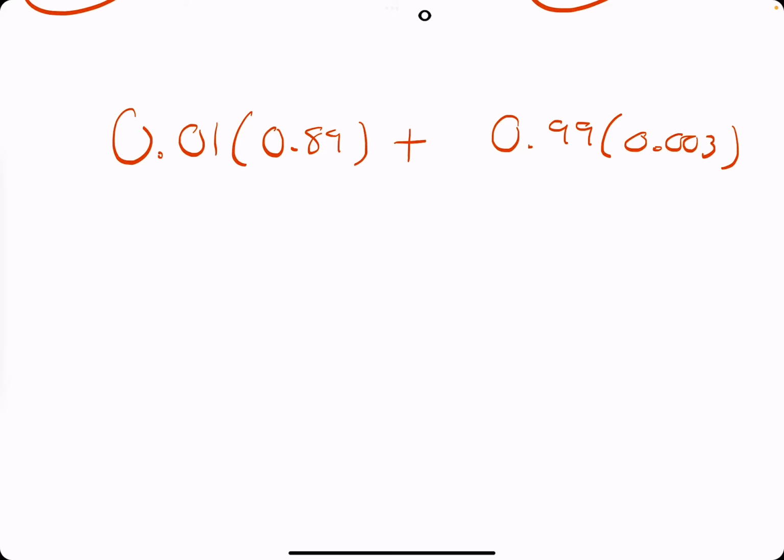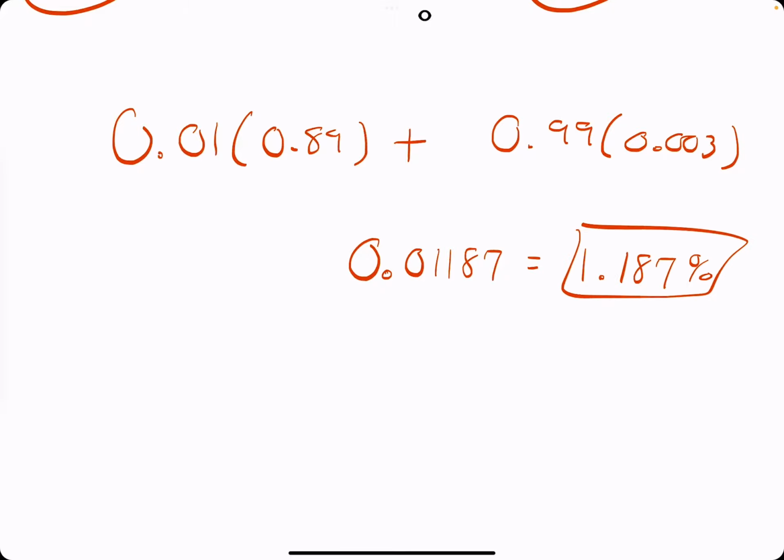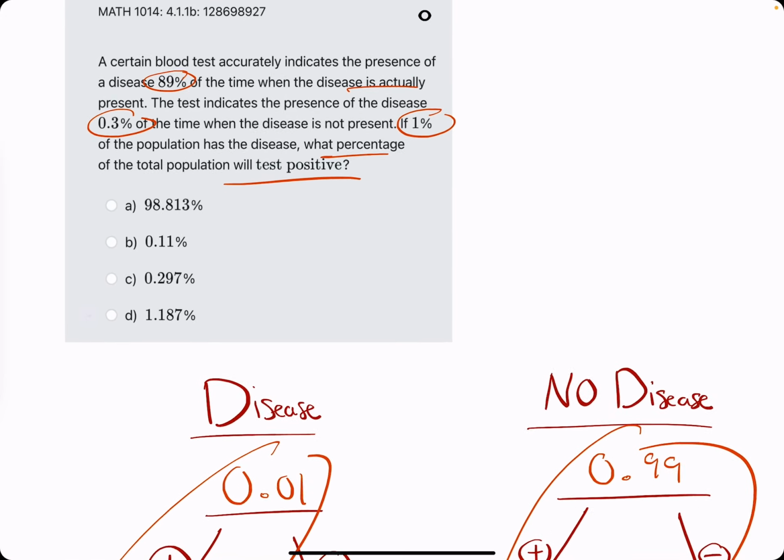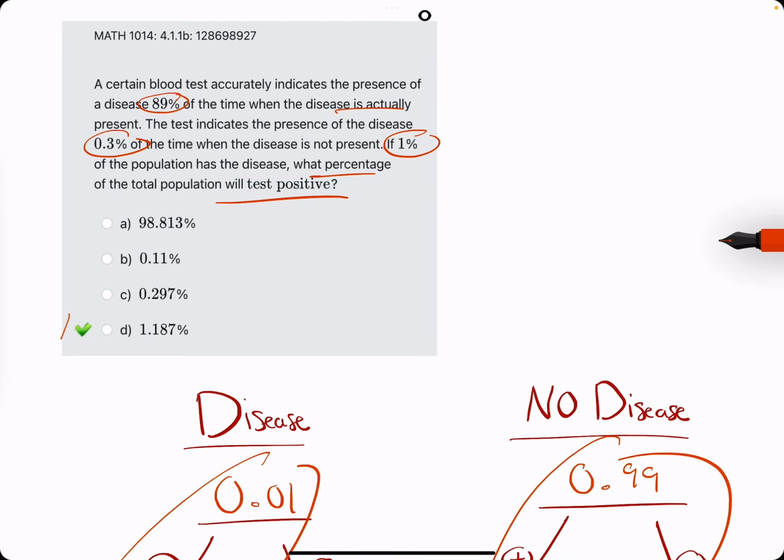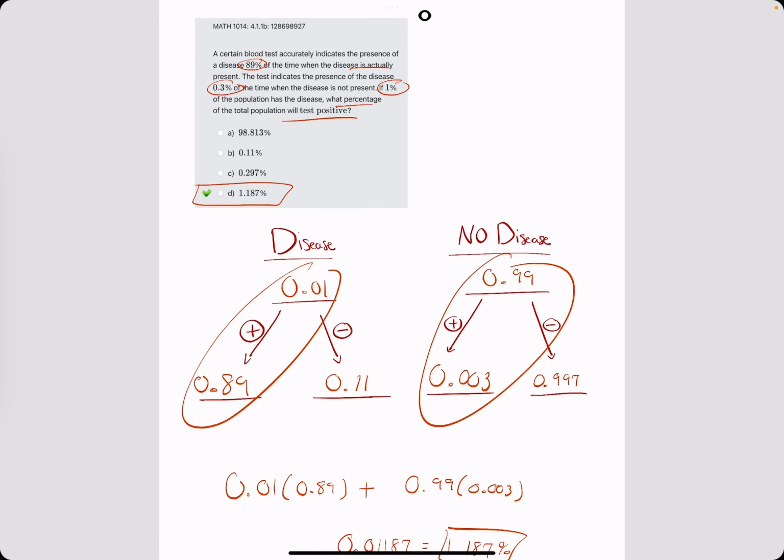What is 0.01 times 0.89 plus 0.99 times 0.003? It's 0.01187. Beautiful. And as a percentage, moving the decimal 2 over, that's 1.187%, which is option D, and we're done.